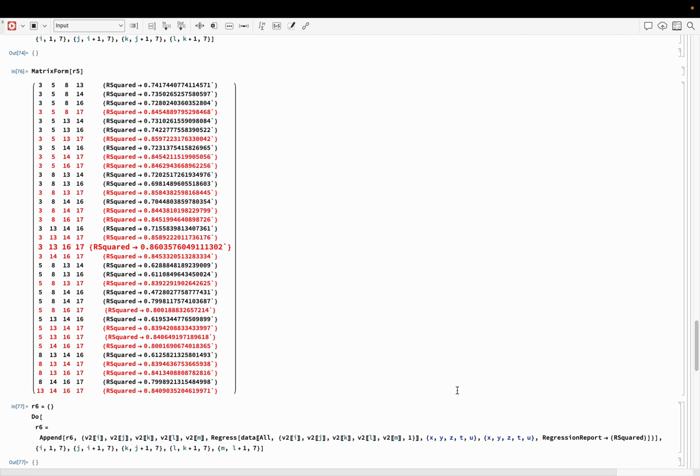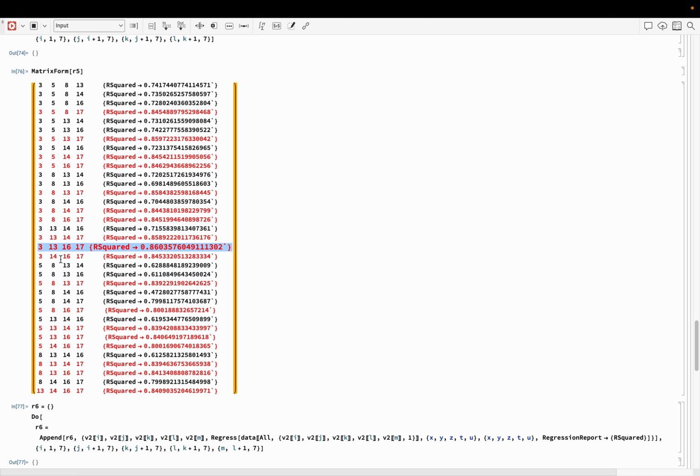4 independent variables, again, the table with more or less the same length. As we expected, there are more red rows because adding every variable may only increase the quality of prediction. However, it may increase only slightly. And what we see is precisely that. So we have 3, 13, 16, and 17.